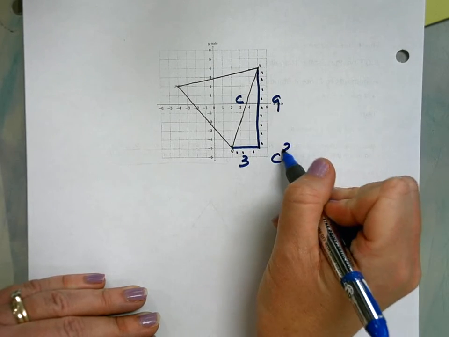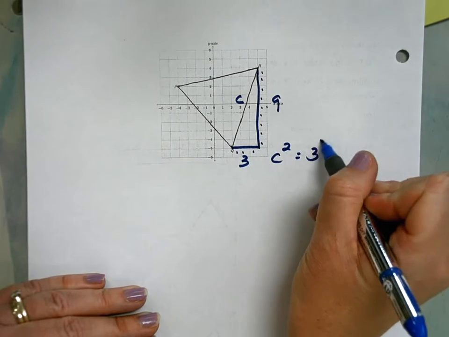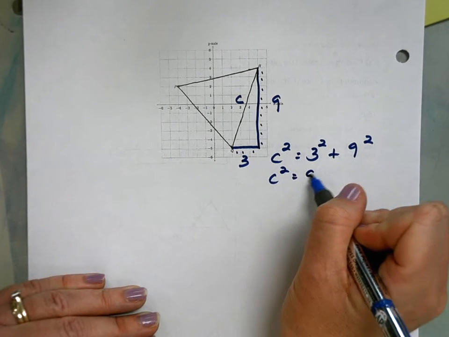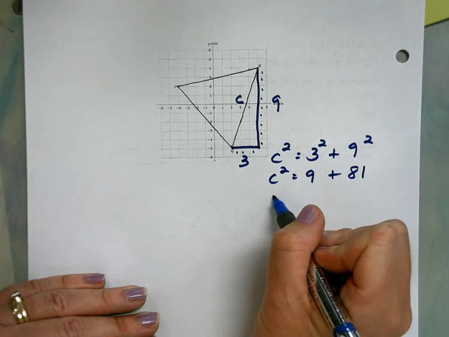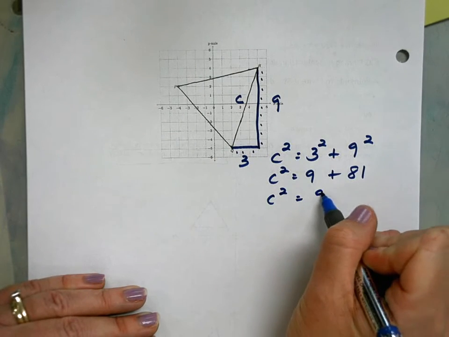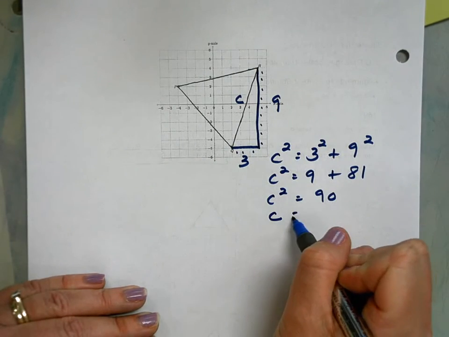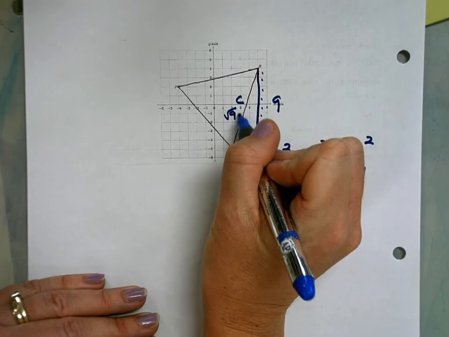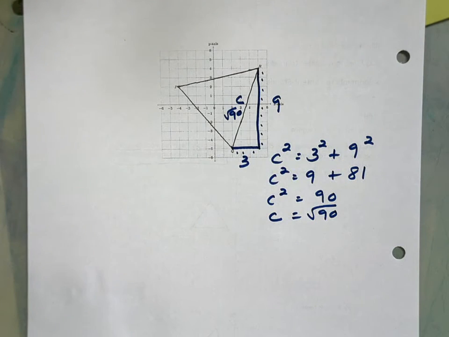So C squared equals A squared plus B squared. So C squared equals 9 plus 81. C squared equals 90. So C is the square root of 90. So that's the length of this side right here, the square root of 90.